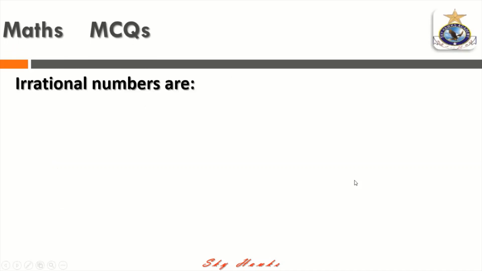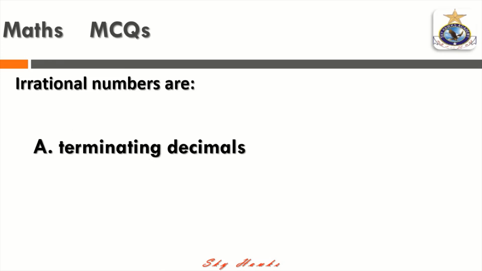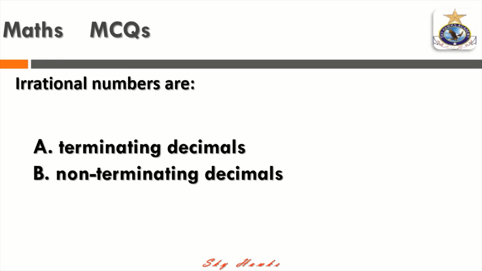Maths MCQs: irrational numbers are. So let me show the 4 options. We are not looking for the definitions, but we have the 4 options. Terminating decimal. Next, please read the second choice. Non-terminating decimals.